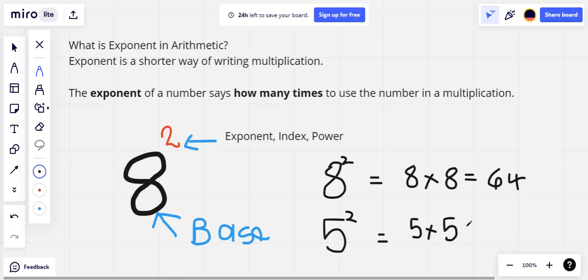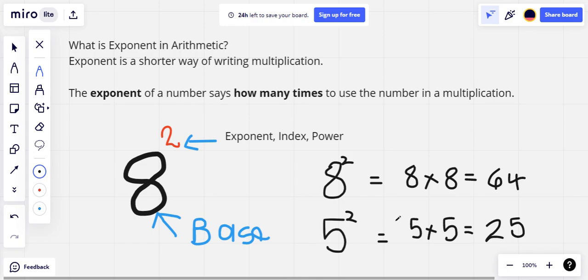That's it. And we write our answer. Let's do our calculation. 5 multiplied by 5. What's our answer? 25. Very good. You're doing great. Great job. All right. So that's it.